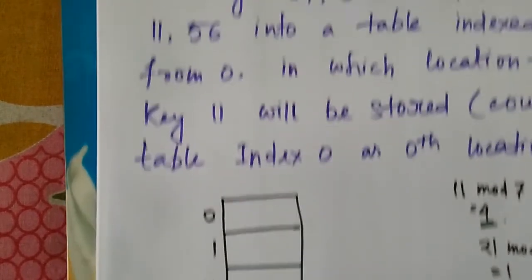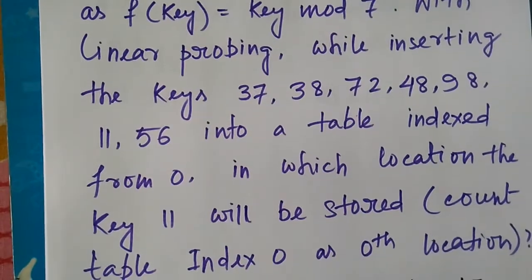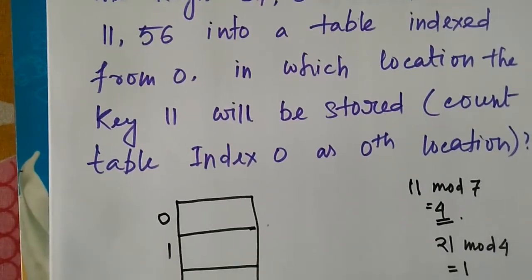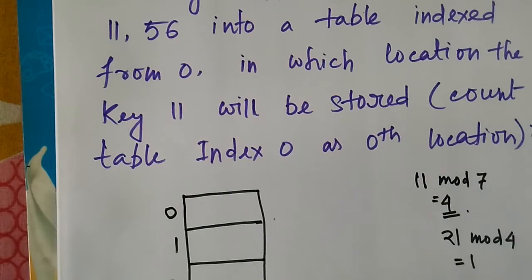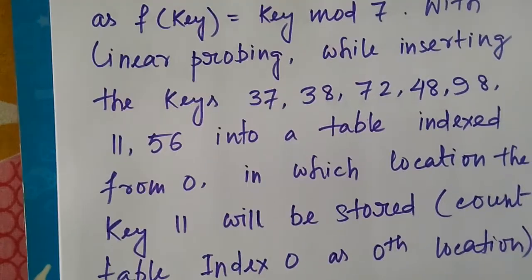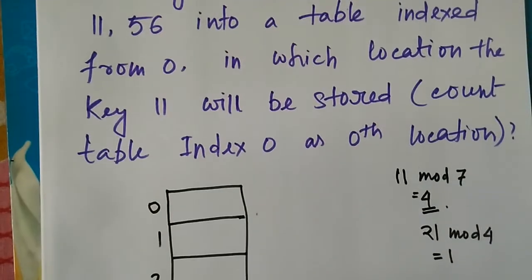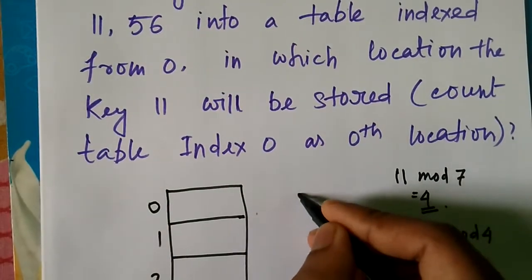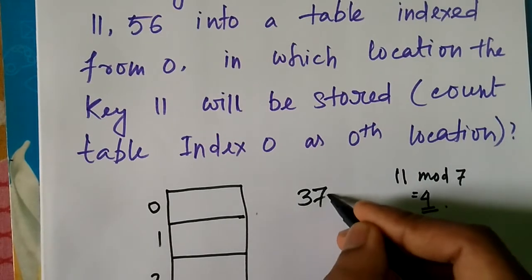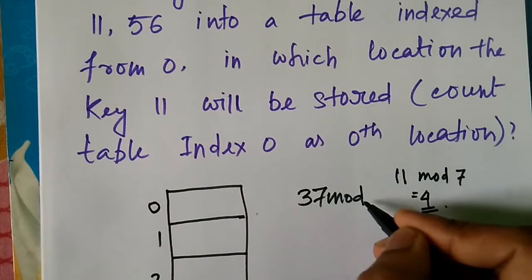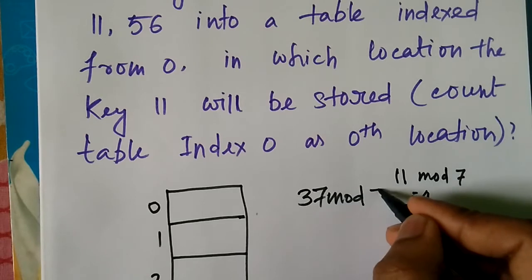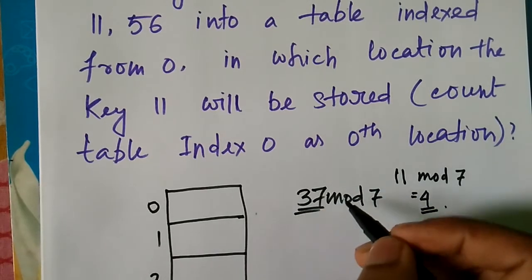In the question they are asking where the key 11 will be stored. As a rule of linear probing, we have to take the keys in the order given. So first take 37. 37 mod 7, where key means the keys you have to insert.